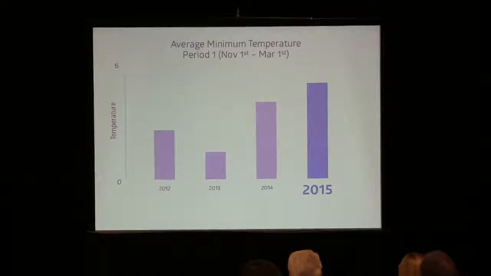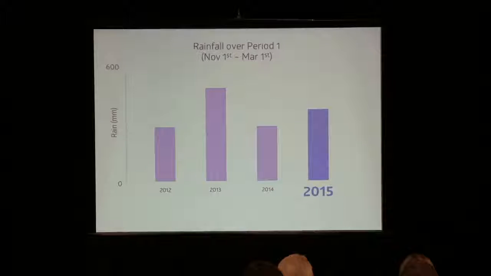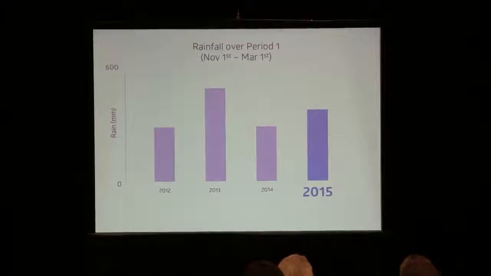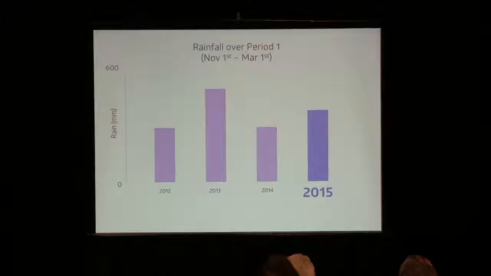So that's for temperature, but what about rain? Because if I only look, for instance, at nitrogen mineralization, we know that bacterial activity needs 2 things. The first thing is higher temperature. The second thing is sufficient soil moisture content. In 2014, here I looked at the period going from November 1st to March 1st.